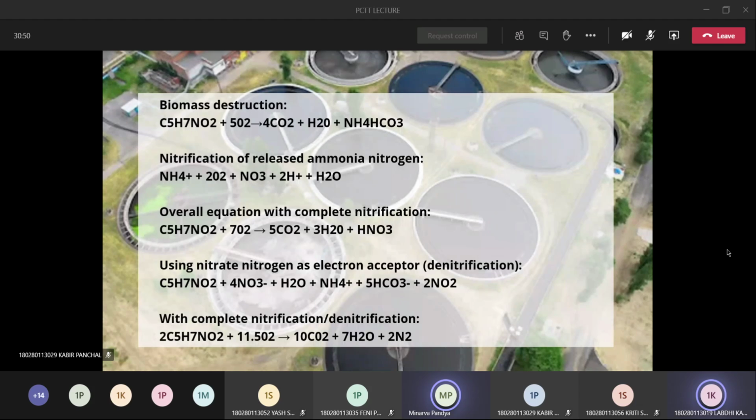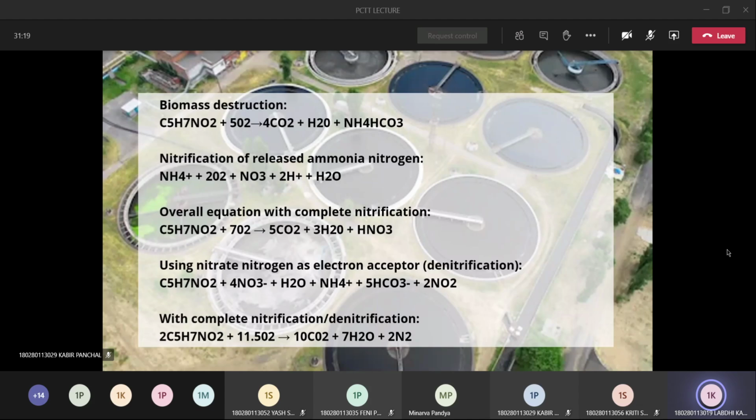C5H7NO2 is a chemical formula for bacteria, living bacteria. Okay. Yes, ma'am. So as in the process of aerobic digestion, the bacteria use up the oxygen. So due to addition of oxygen, we'll receive NH4, HCO3, H2O, and CO2. The second reaction being nitrification of the released ammonia nitrogen.